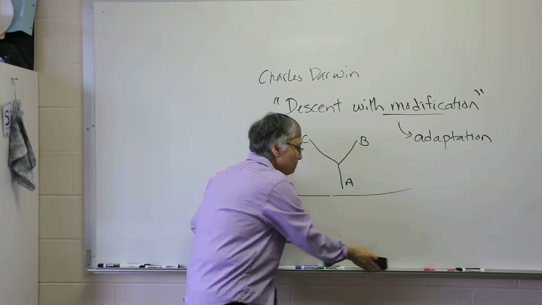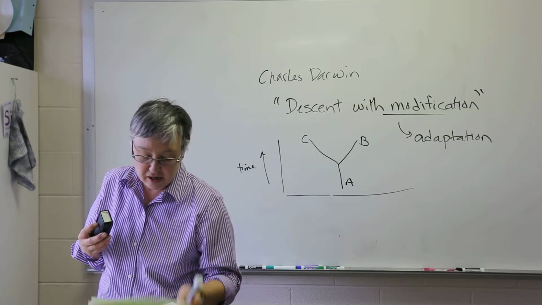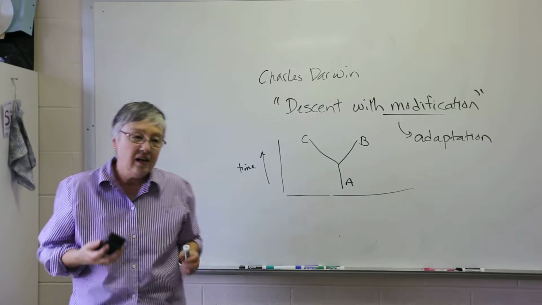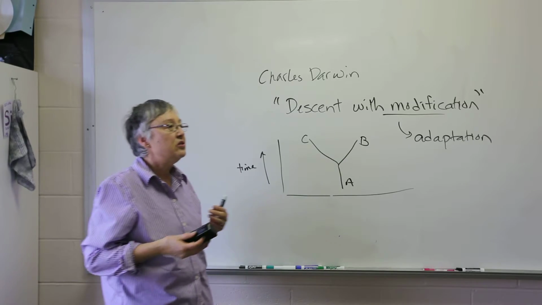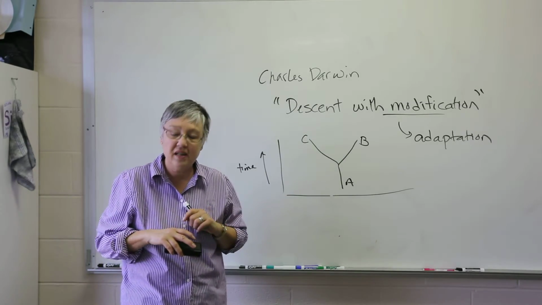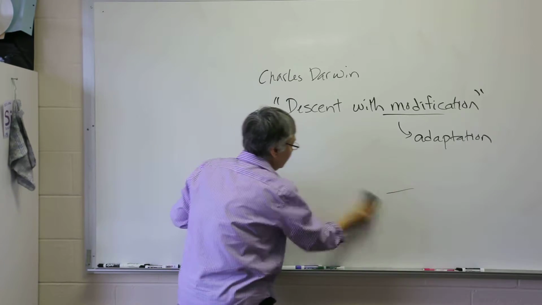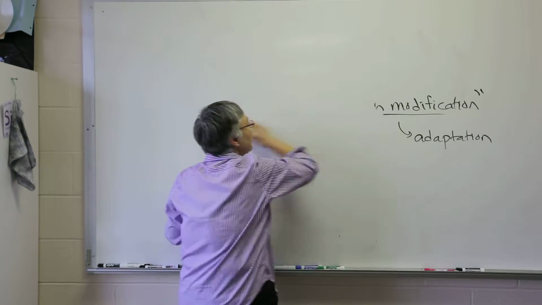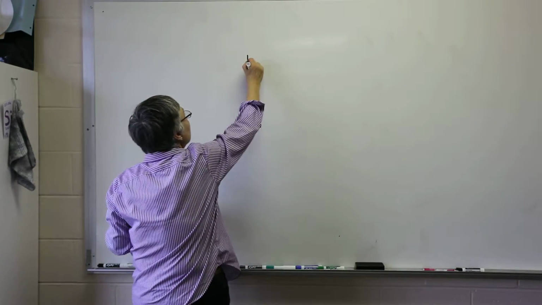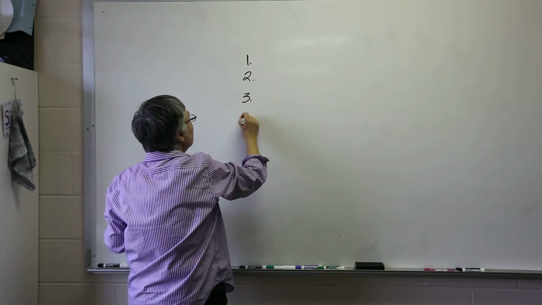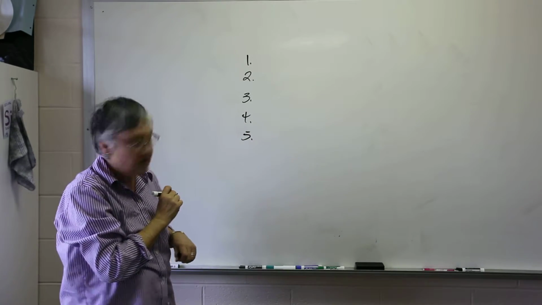All right, what I'm going to do now is to list a number of categories that are ways in which two similar species can maintain reproductive isolation, and then we'll talk about each in turn. Okay, so I've got 5.